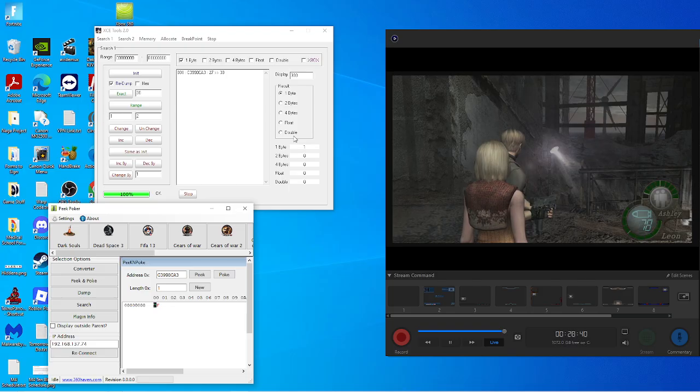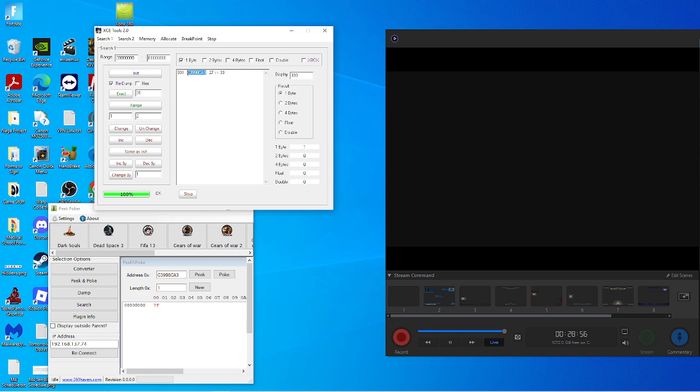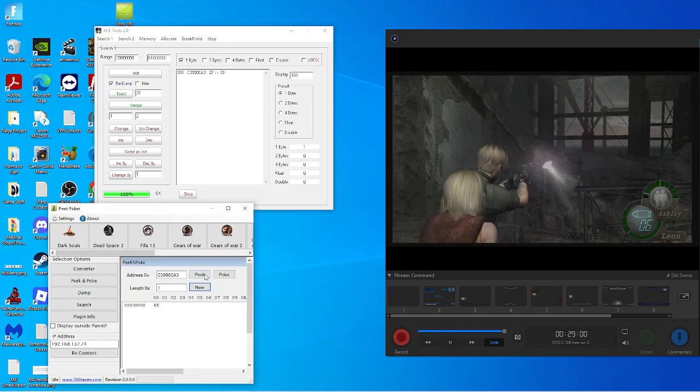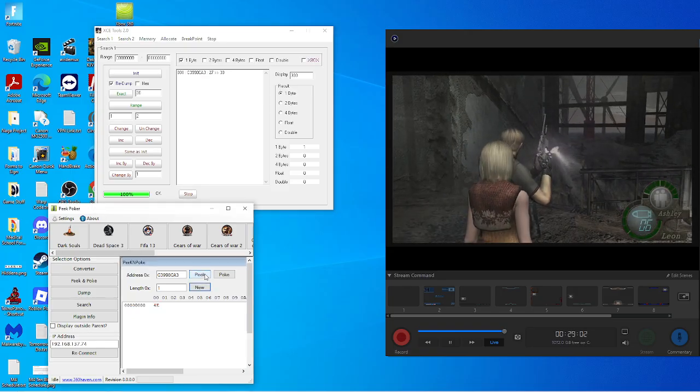Okay, so now we've found where ammo is stored, at least for this gun anyways. This might be the ammo counter that is with every gun, or it might be the ammo counter that is just with this gun. How do we figure that out? Let's go and shoot something else. Now let's go peek. Oh, look.